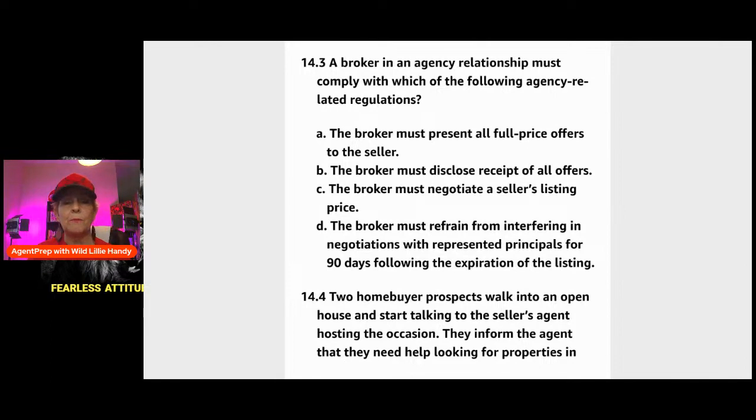Or D, the broker must refrain from interfering in negotiations with represented principals for 90 days following the expiration of the listing. So type your answer in the chat. Come on, come on.